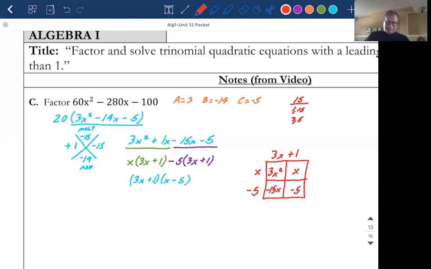Okay, look at the boxes and look how nice that is. I mean, it's right there. So that's going to give me 3x squared minus 14x minus 5, which is also right there.